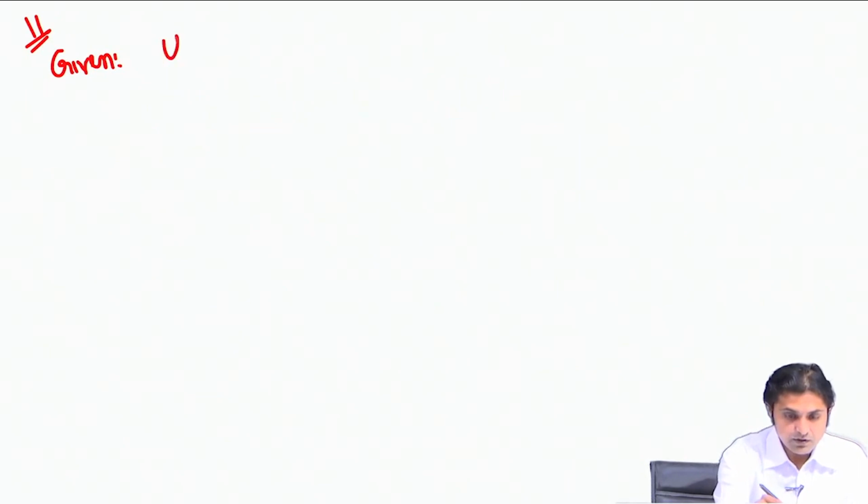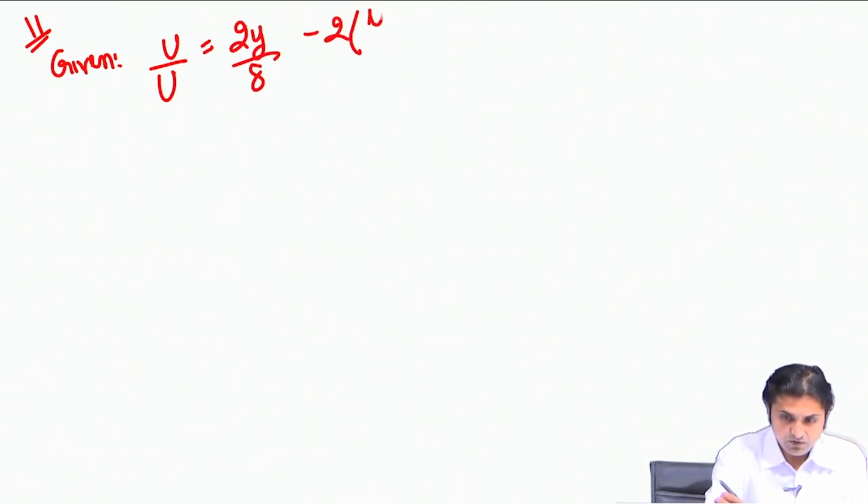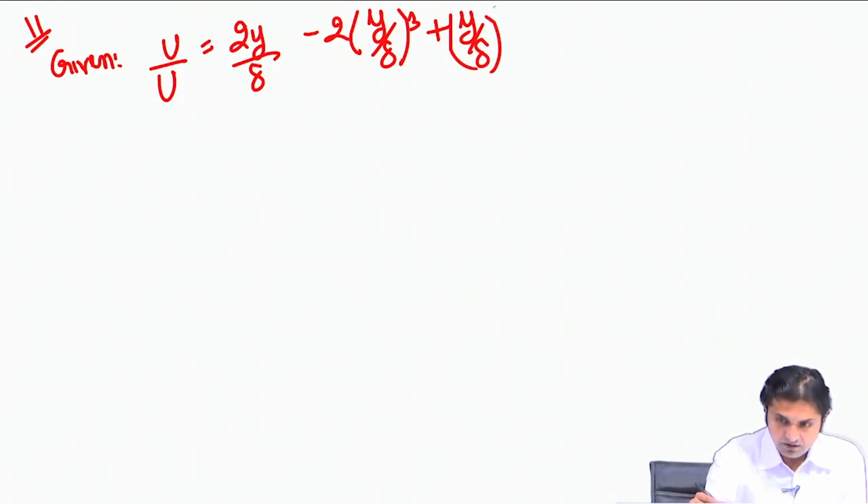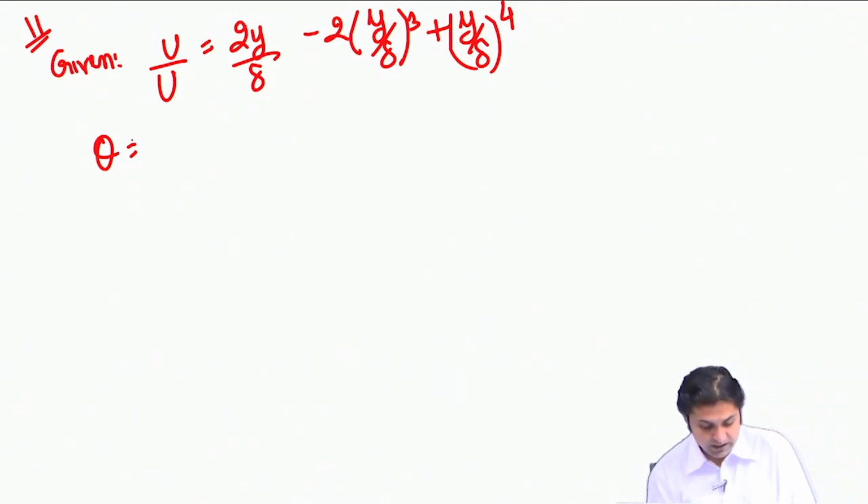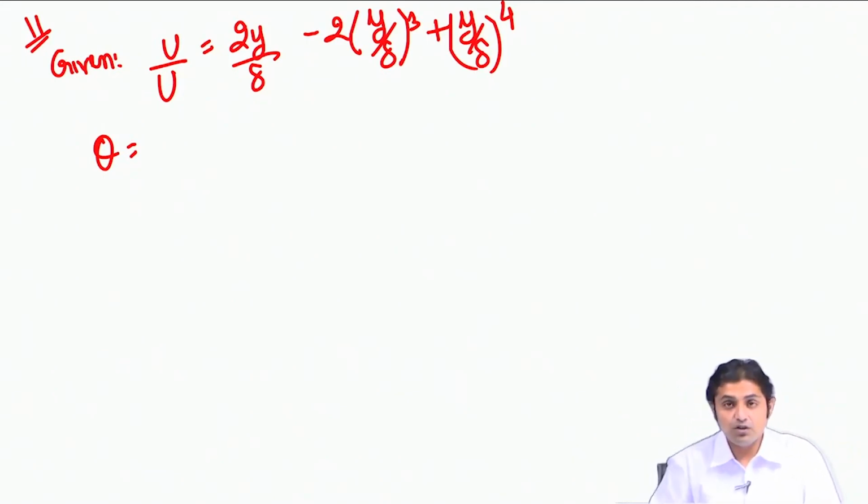So problem number 11 is, we have been given small u by capital U is 2y by delta minus 2y by delta whole cube plus y by delta to the power 4. So first thing that we calculate is the momentum thickness, because that is required in the Von Karman momentum integral equation.